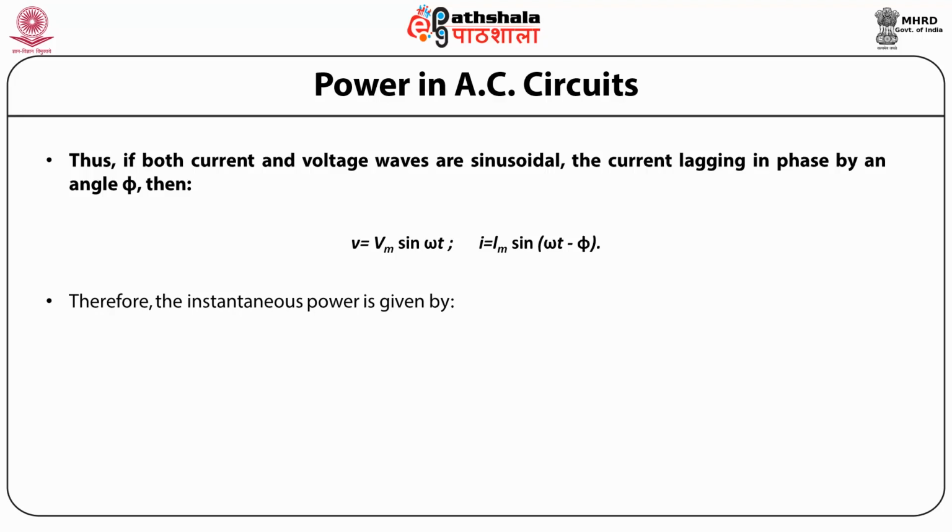Therefore, the instantaneous power is given by p = v × i, which in turn is equal to Vm Im sin omega t multiplied by sin(omega t minus phi).